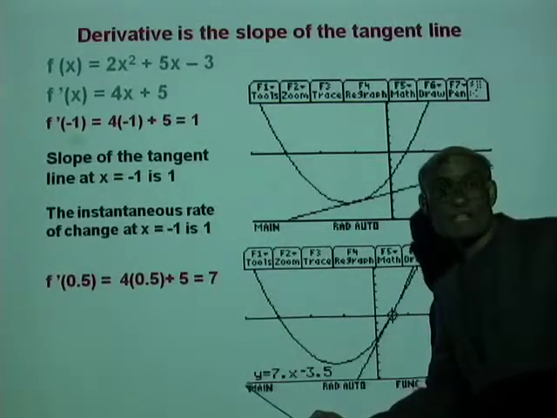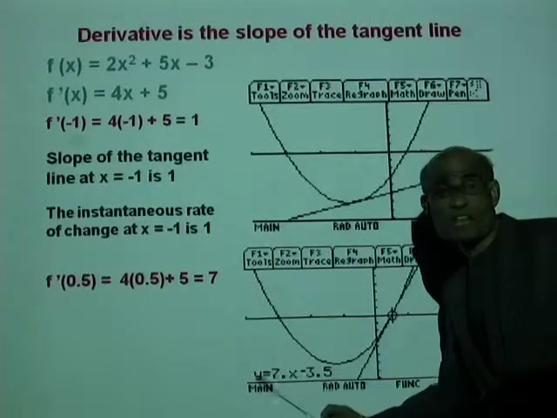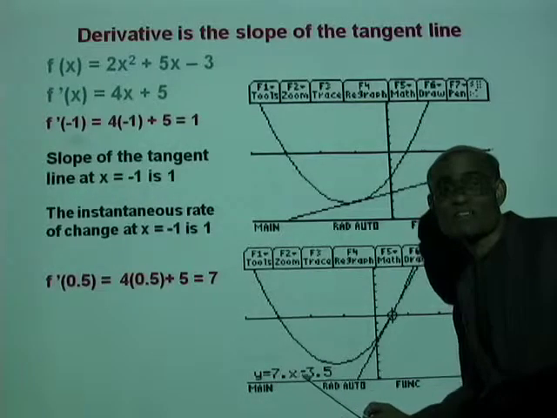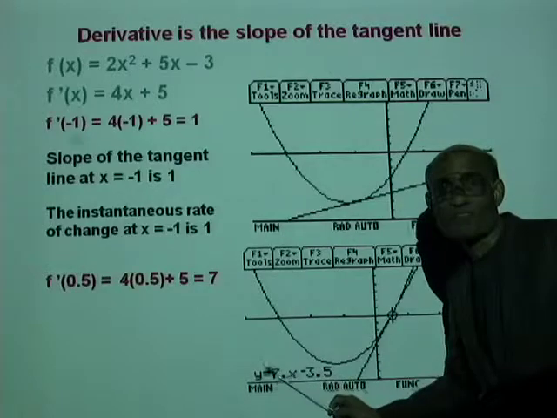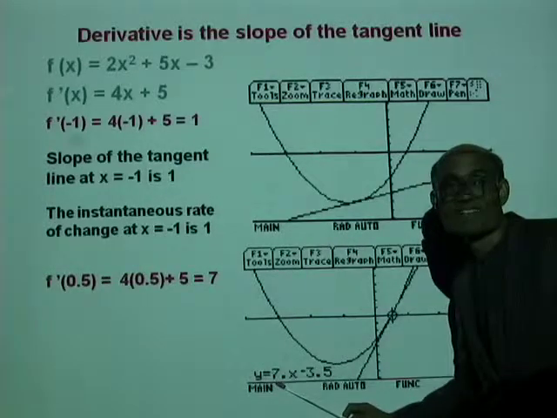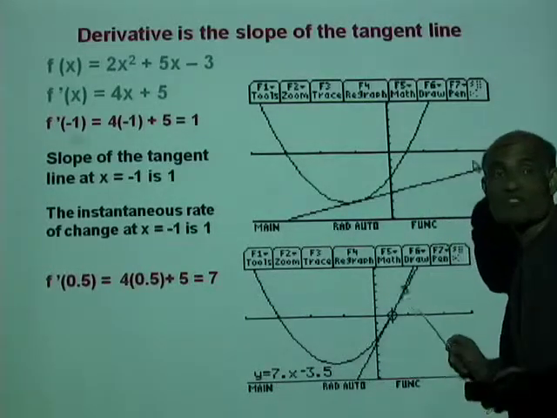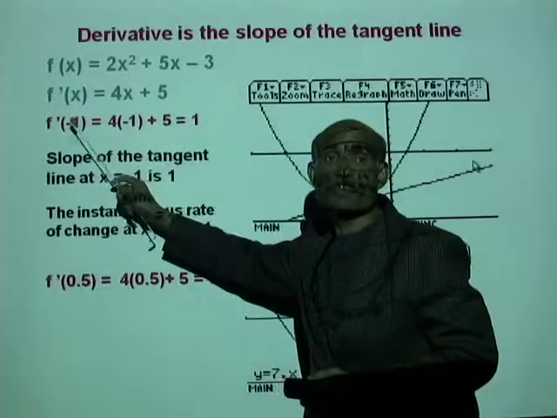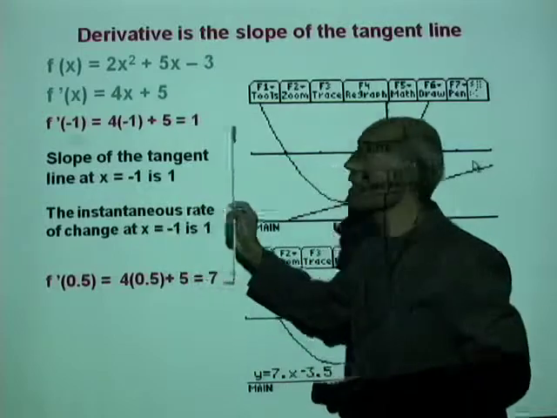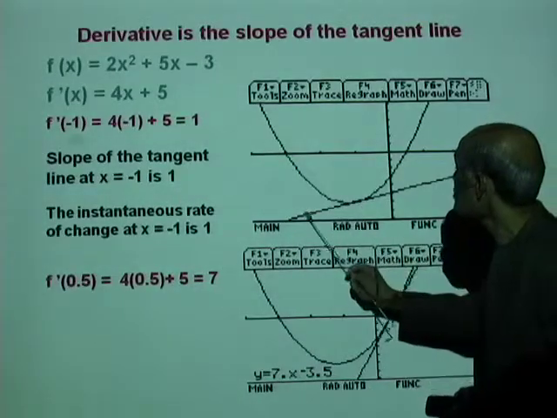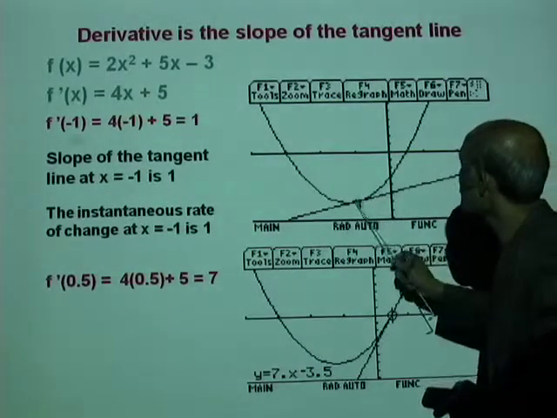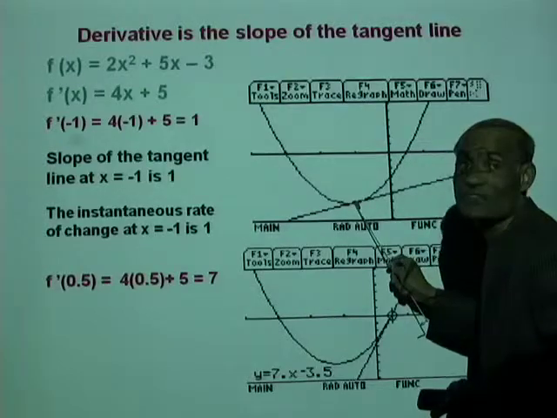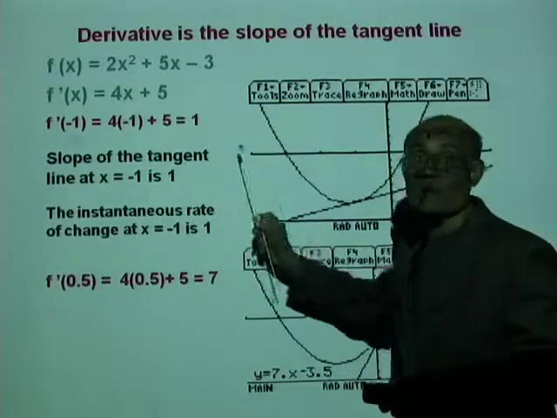Now look at that. The calculator gave you the equation of the line y equal to 7x minus 3.5. What does that 7 represent? It is the slope of that tangent line. So the derivative of this function at x equal to negative 1 is 1, means the slope of the tangent line drawn at that point is 1.